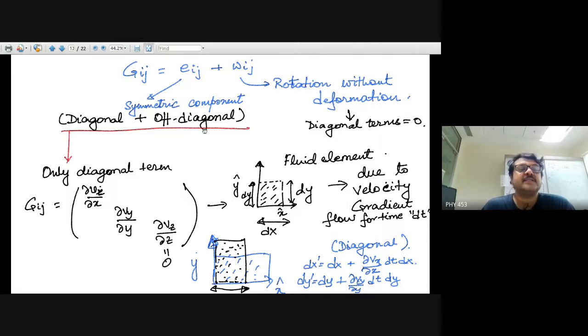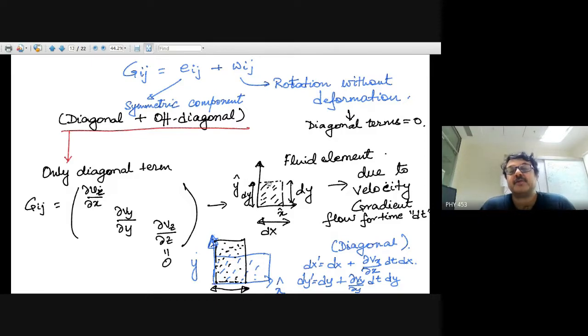Okay, so let's focus on only the diagonal terms, and that will be ∂vx/∂x, ∂vy/∂y, ∂vz/∂z. And for ease of understanding, just imagine that we have a planar flow. We're discussing a planar fluid element in x and y, and this is 0 for the moment. So for any deformation, we have only ∂vx/∂x and ∂vy/∂y.